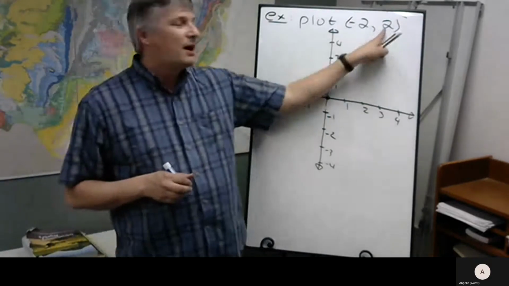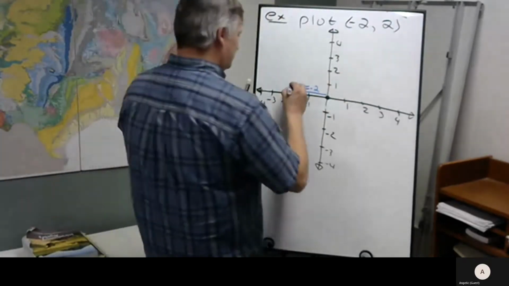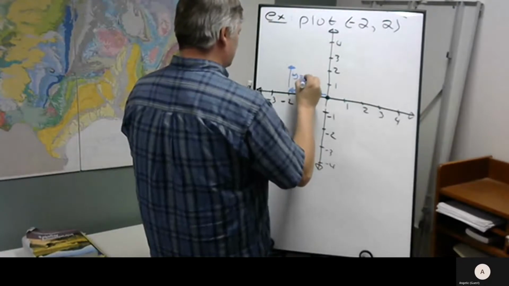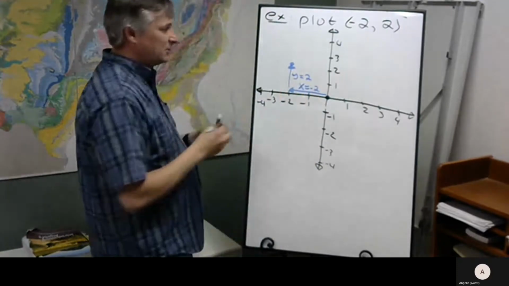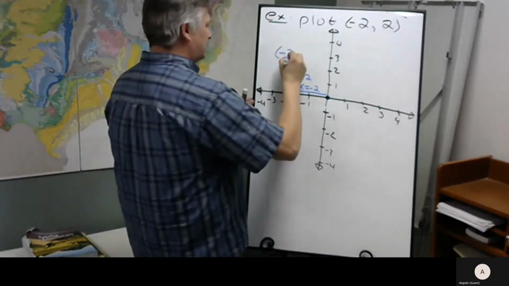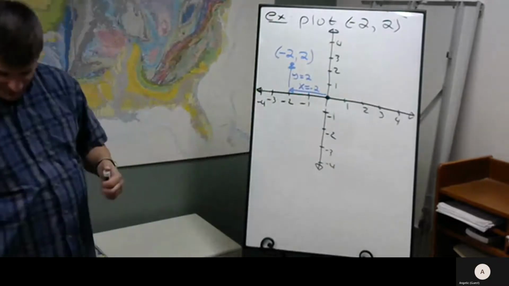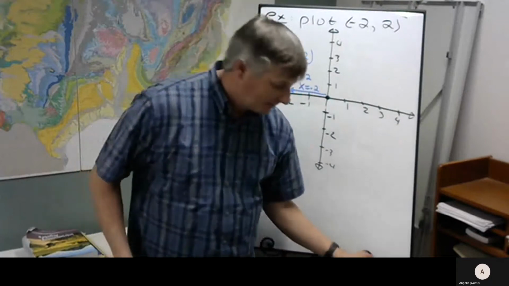And then because y is +2, we'll travel up to y is 2. And that's going to be here. And so this gives us our point, -2, 2. So questions about that?